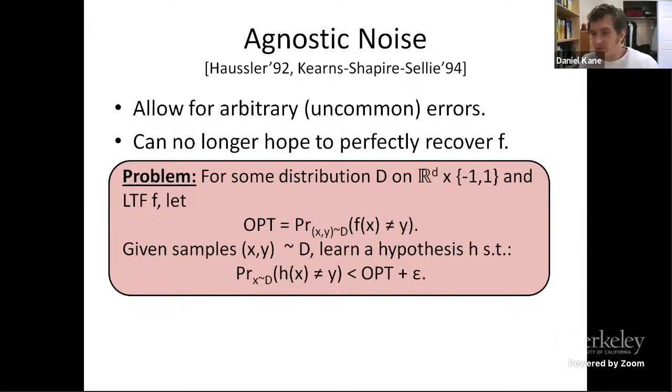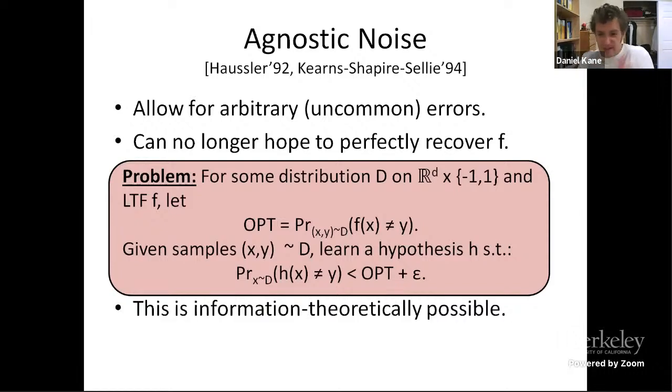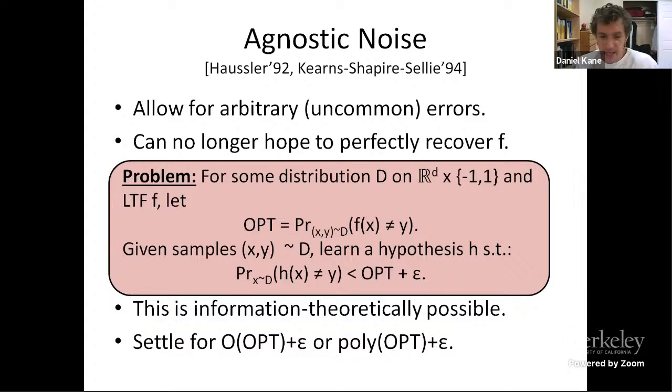The merit of defining it this way is that given that you don't need to do better than OPT, this is at least information theoretically possible. And in practice, OPT plus epsilon is often too much to ask for. So sometimes we'll settle for O(OPT) plus epsilon or even poly(OPT) plus epsilon. But generally, we want something where the error goes to 0 reasonably quickly as OPT goes to 0.